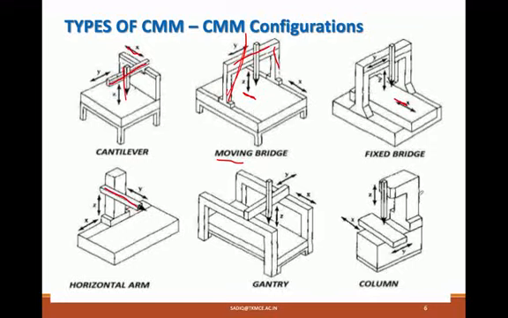This is the column type of CMM, another configuration. All these CMMs follow the Cartesian coordinate system, that means the X, Y, Z coordinate system. However, there are also polar CMMs, or robotic kinds of CMMs, where radius and angular movement can be used, but those are not as common as this kind of CMM.